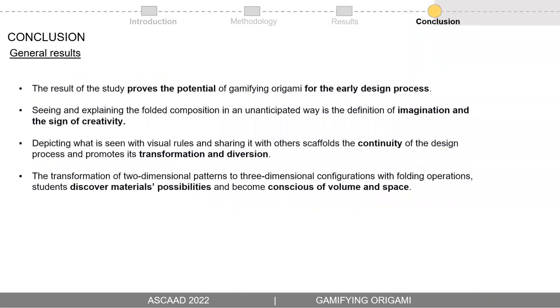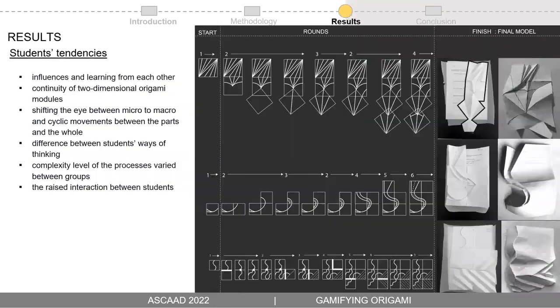As the complexity of the origami design increased through the progressive rounds, the interaction between students rose. Even though the students were responsible for transforming a single module, some of them intervened in the previous module and transformed the adjacent modules according to his or her visual rule.